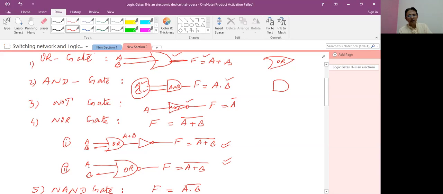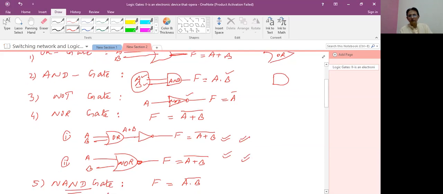Or in another way, we consider an OR gate with A and B as inputs, and if we apply a bubble, it is a NOR gate. So f is equal to the complement of (A plus B). Students, we can explain the NOR gate in two ways.